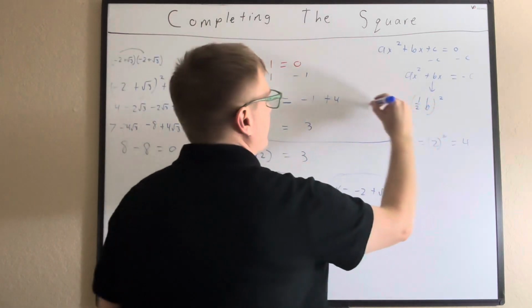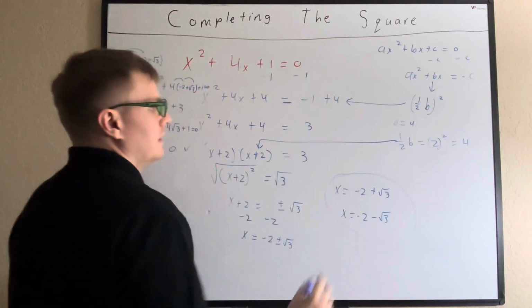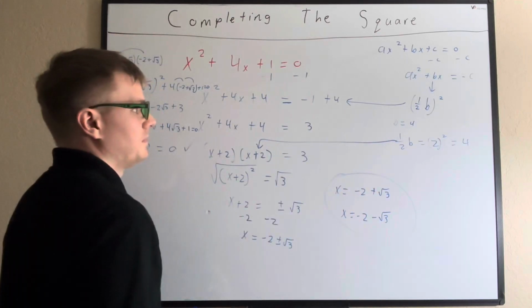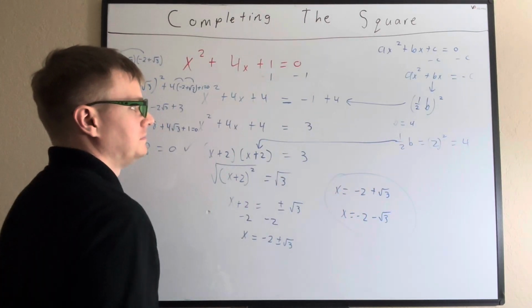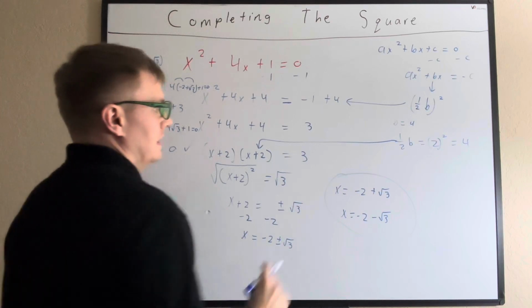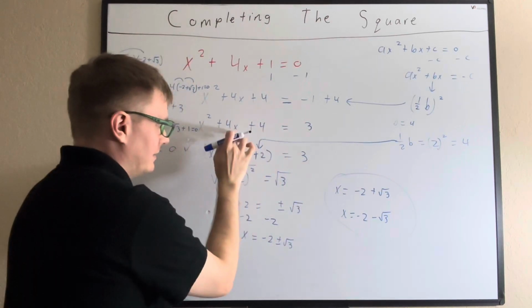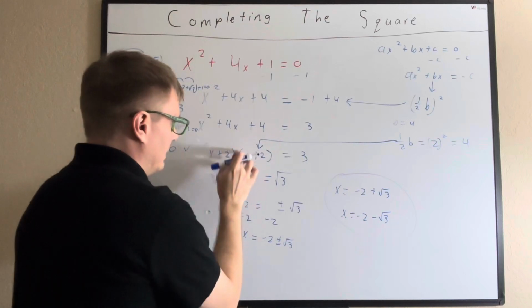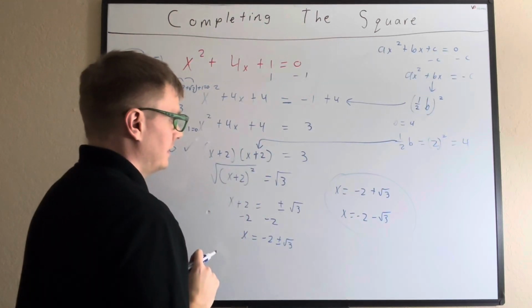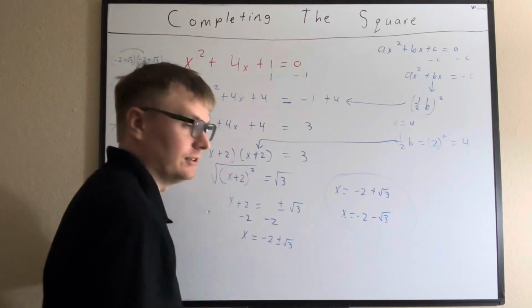So 1/2 b squared is important, and 1/2 b is important. If you're having trouble figuring out what multiplies to get this and adds to get that, it's 1/2 b every time.